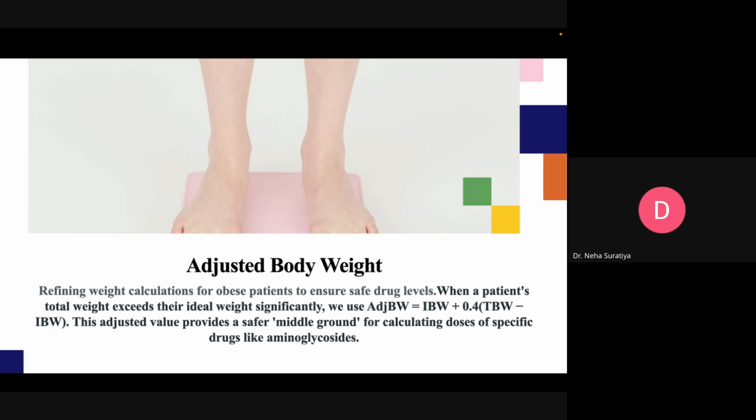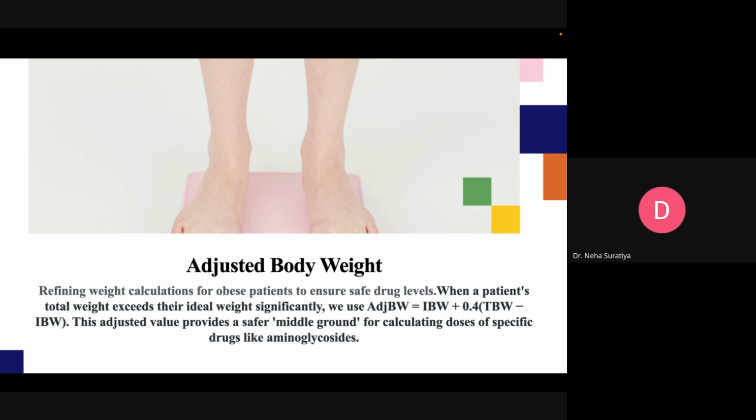This is a little bit confusing, but once you practice it, it is very simple. So adjusted body weight is equal to ideal body weight, have your pen and paper and please write it, plus 0.4, which is a constant, in bracket total body weight minus ideal body weight.